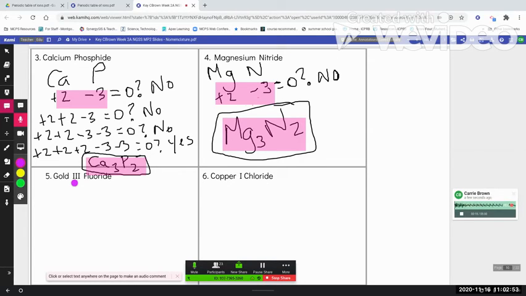So we can memorize groups 1, 2, 13 through 18, but some elements have multiple charges, which you can see on your periodic table of ions. So you usually don't go above 6 or 7, but there's always exceptions in chemistry. So that Roman numeral 3 means gold has a +3 charge.